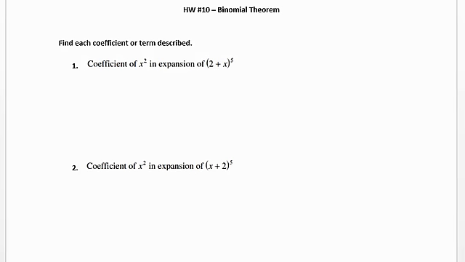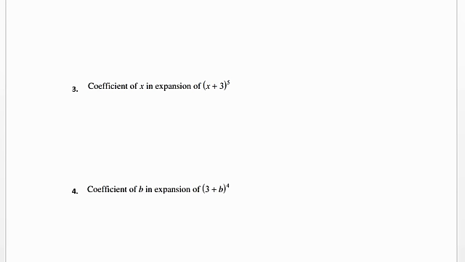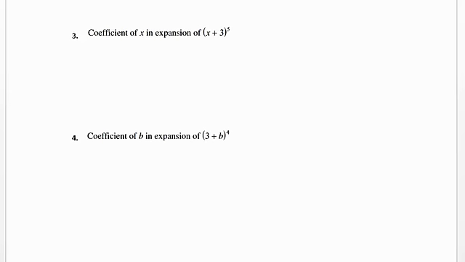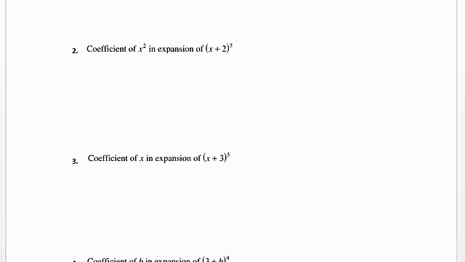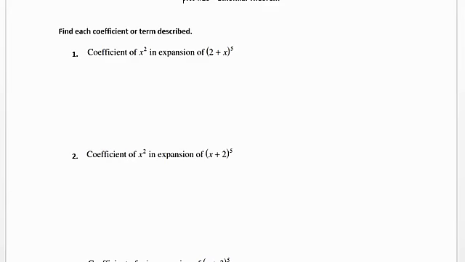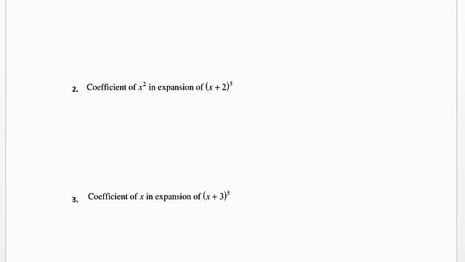And then the next two, you're just going to be giving me the coefficients for each of the terms described in the binomial expansion. You can write out each one all the way and then find the term, but you may also be able to find a pattern and tell me what that term is without even having to do the expansion.